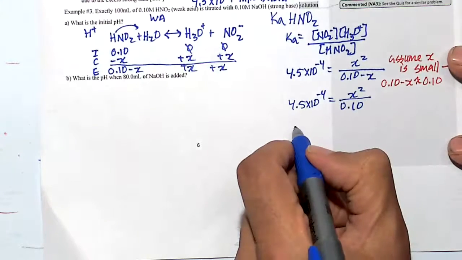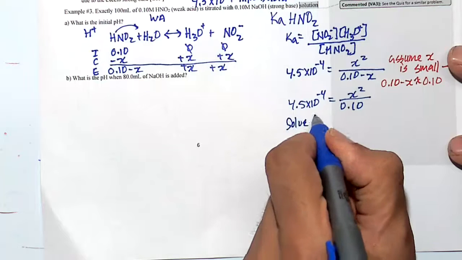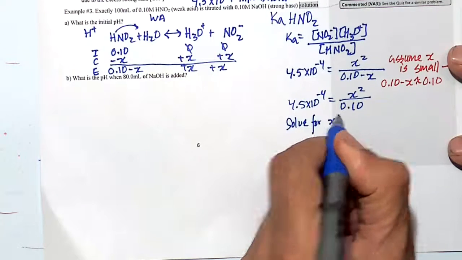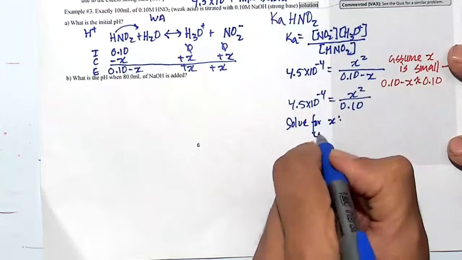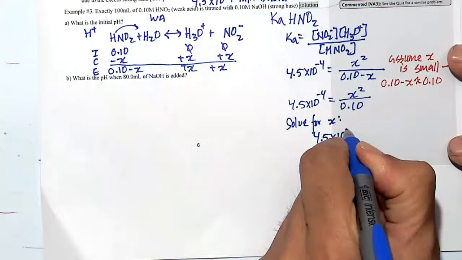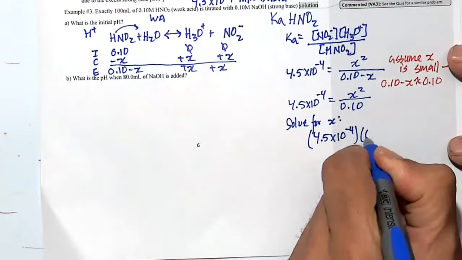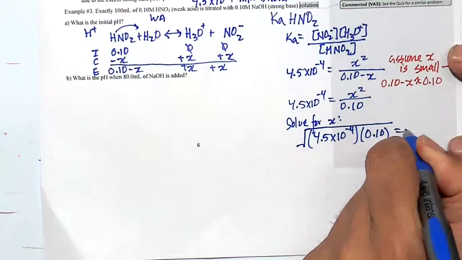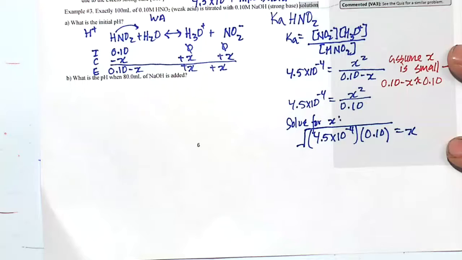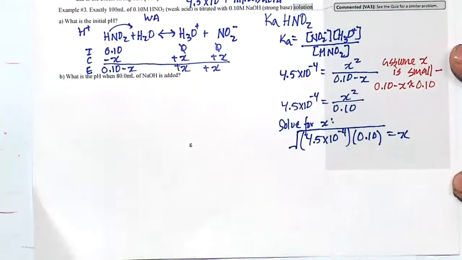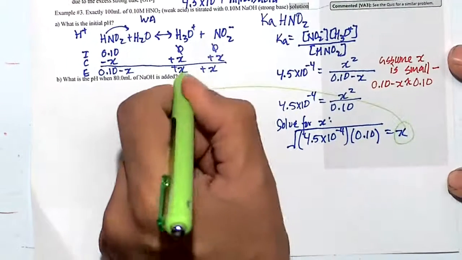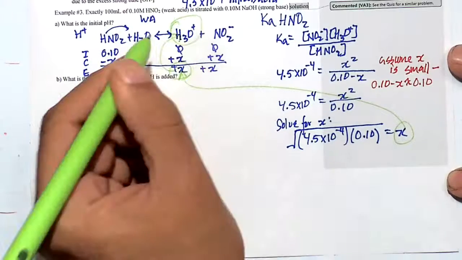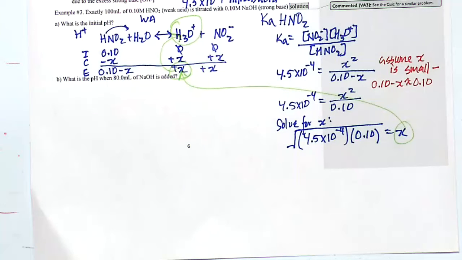So let's solve for X here. 4.5 times 10 to the minus 4 times 0.10. Let's go ahead and square root that to get our value of X, realizing that X that we get is the concentration of H3O plus at equilibrium.